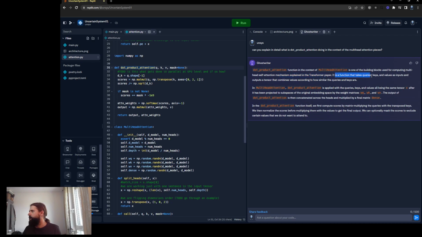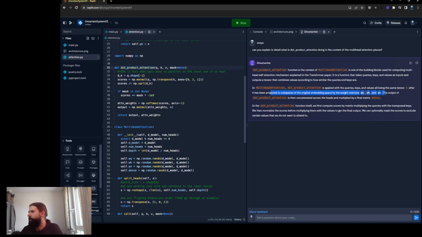It is a function that takes queries, keys, and values as inputs and outputs a tensor that combines values according to how similar the queries and the keys are. Okay, so it outputs values. It combines values according to how similar the queries and the keys are. It's applied to the query keys and the values of all being the same tensor is applied with the queries, keys, and values all being the same tensor X after it has been projected to subspaces of the original embedding space by the weight matrices WQ, WK, WV.